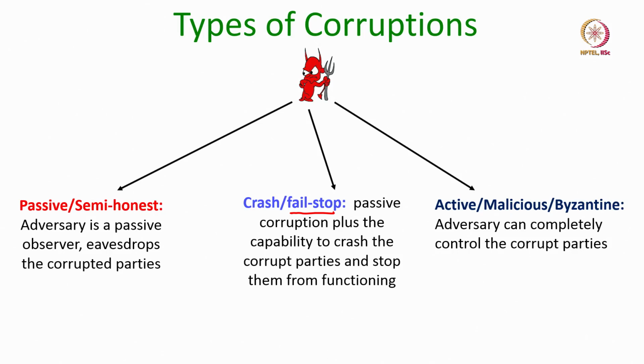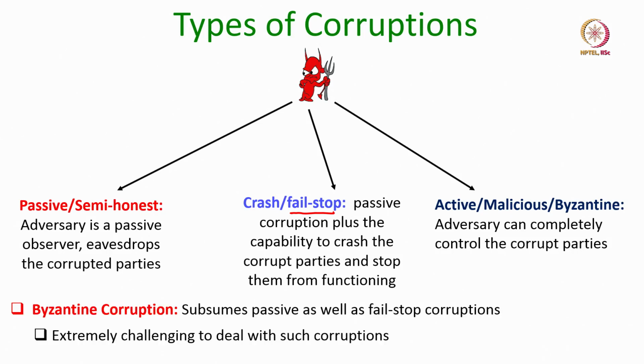Here the adversary is very powerful, it can completely control the state of the corrupt parties. That means, it can not only eavesdrop the state of the corrupt parties, it can cause them to crash as well at any time during the protocol execution, and it can also cause the corrupt parties to start sending arbitrary values, completely deviating from the protocol instructions.